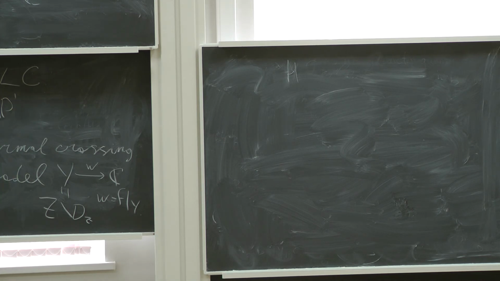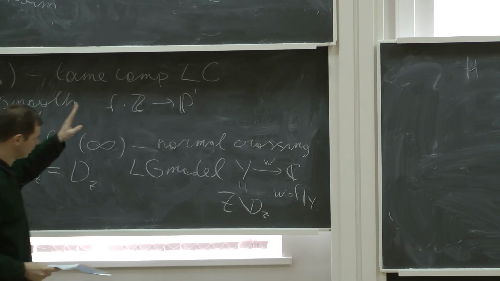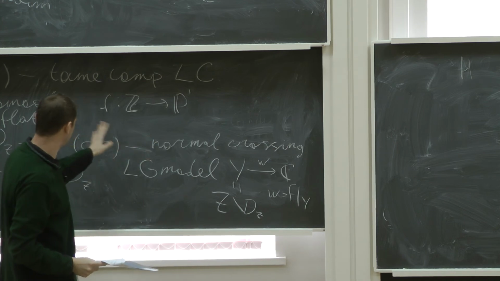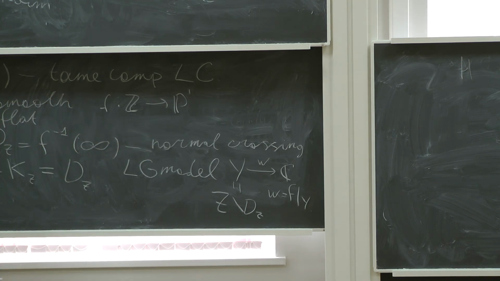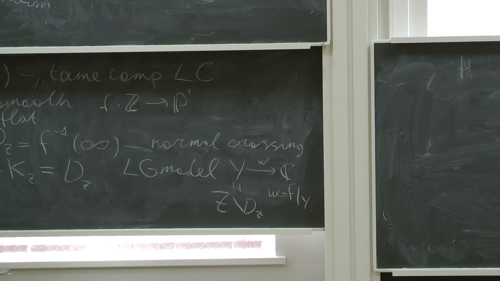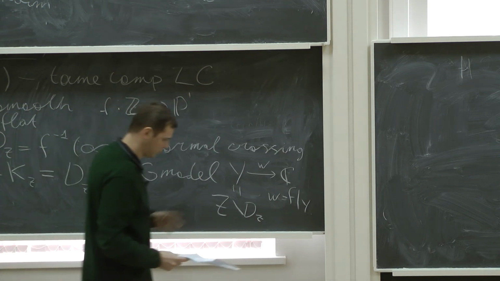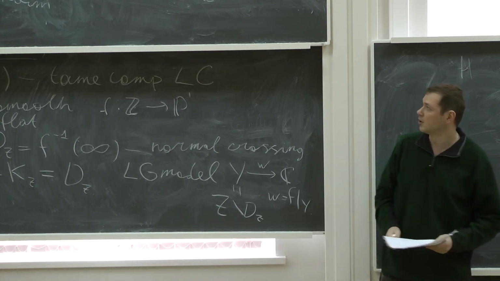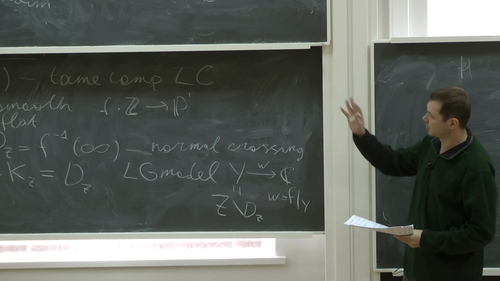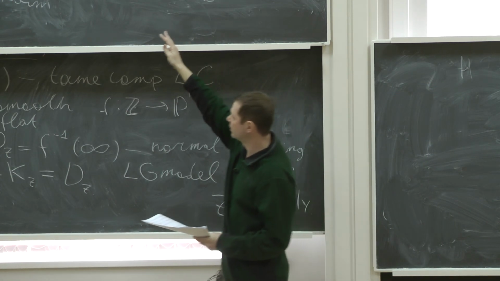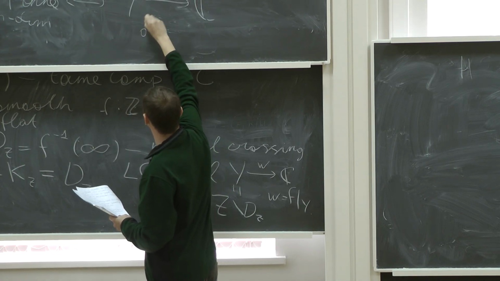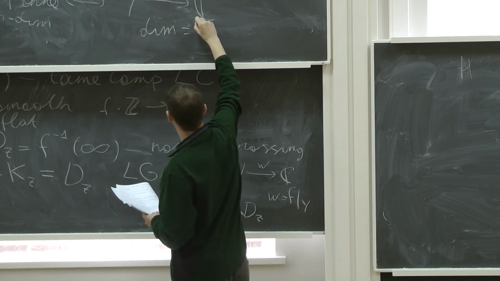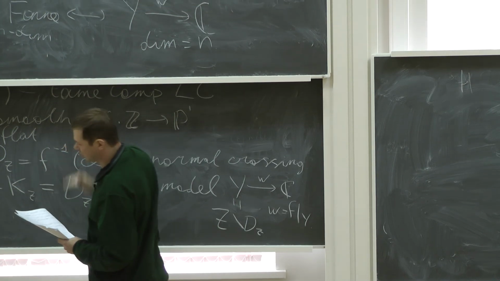Of course, there is no mirror symmetry here, but when we consider these tame compactified Landau-Ginzburg models as duals for Fano varieties, we assume, which is not necessary, that the dimension of Y is n, the same as the dimension of the Fano varieties.